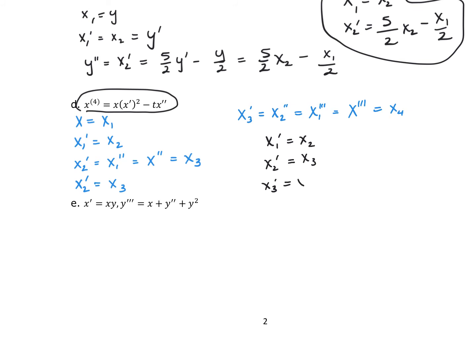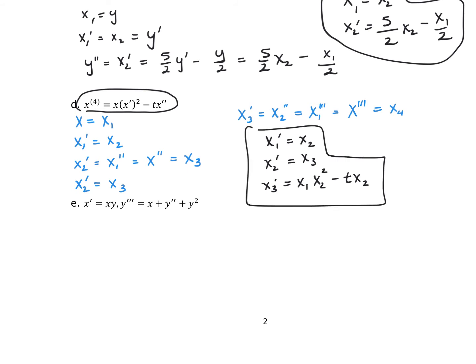This is going to be equal to x, which is x sub 1. x sub 1 prime is x sub 2 squared, and then minus t, x double prime, which was x sub 2. Whew. So these are the four that I have.